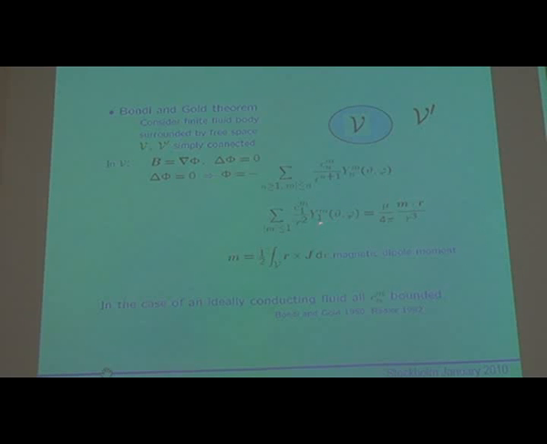Then the Y1m are just cosine theta, sine theta cosine phi, sine theta sine phi, and you can represent this in this way.